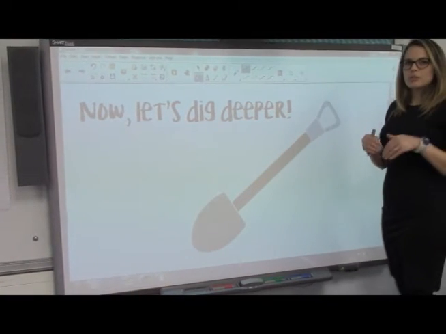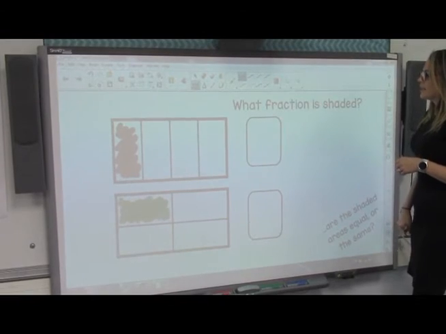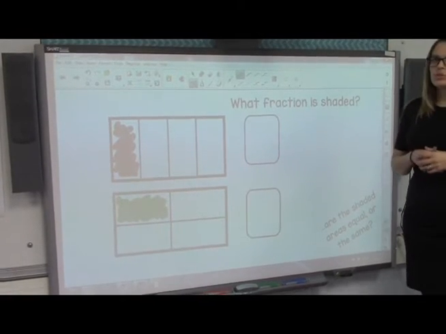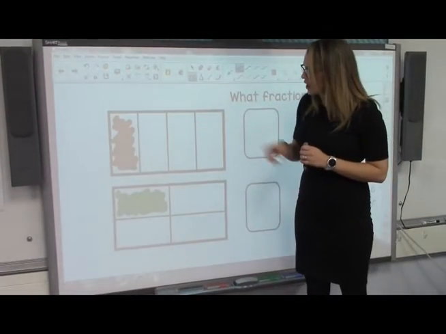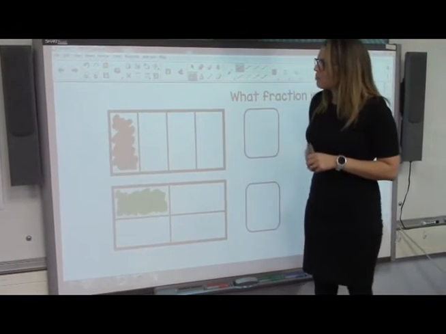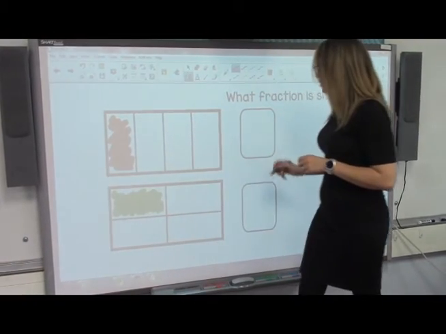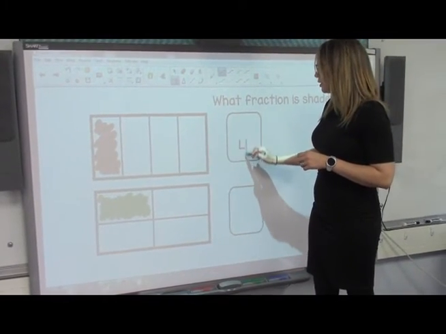All right, I want to dig a little bit deeper before we end this segment. I want us to look at these two shapes right here. I've partitioned two rectangles, and notice they are the exact same size. They're both partitioned into 1, 2, 3, 4 equal parts, so I know my denominator is 4.